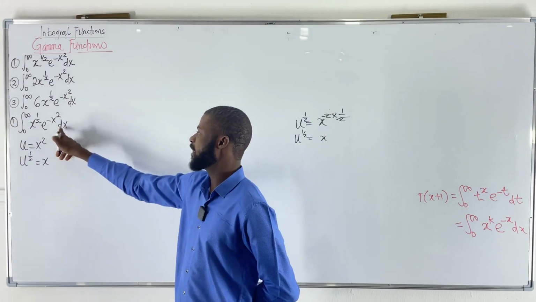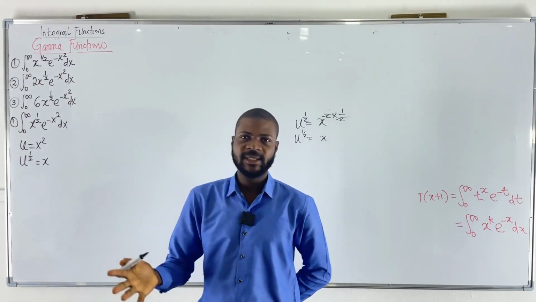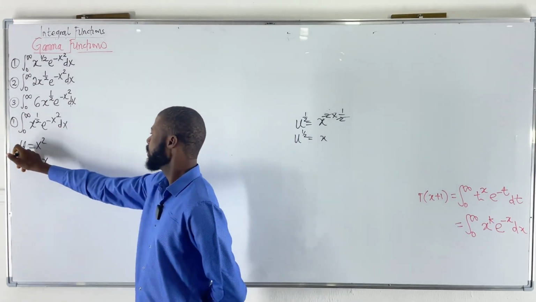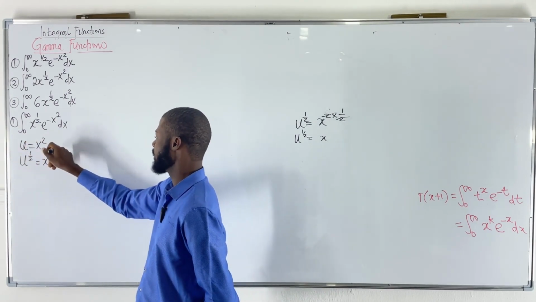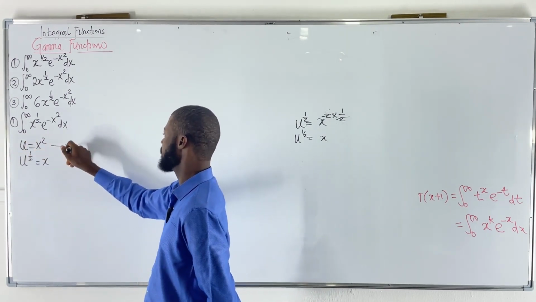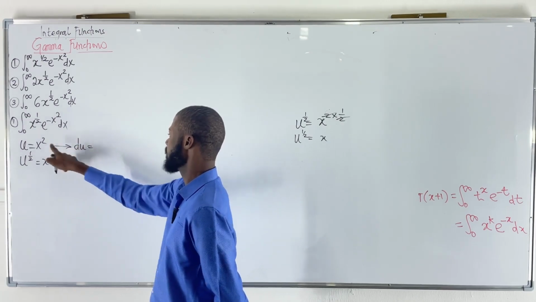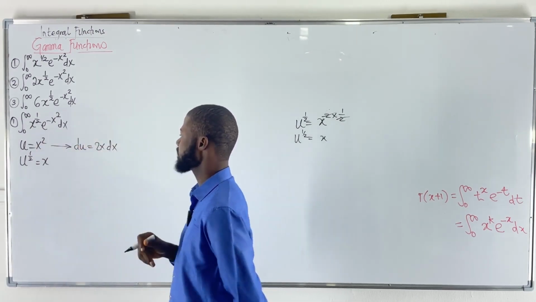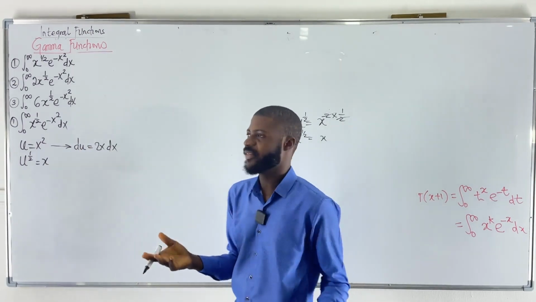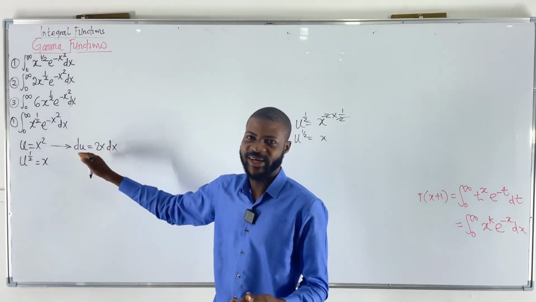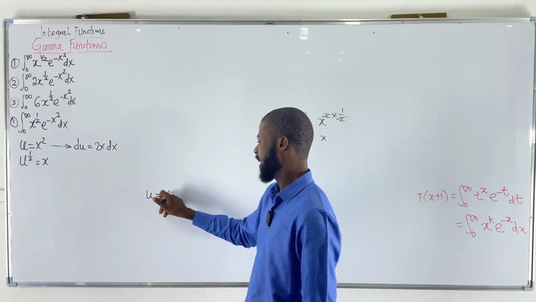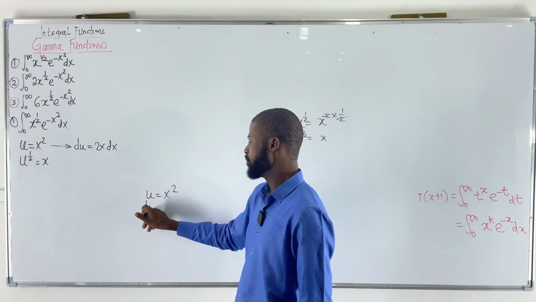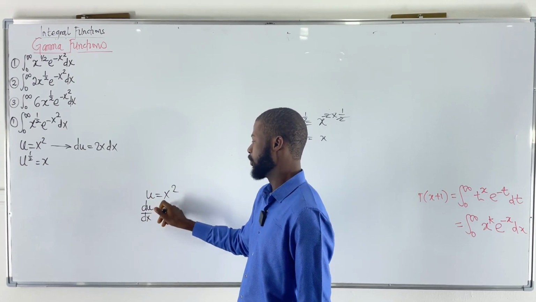Now, how do I find my dx? Of course I can. If u is equal to x squared, this tells me that du, when I differentiate, x squared will give me 2x, and then I'm going to put my dx. Remember that I've earlier showed you why this is correct. If u is equal to x squared, du dx will be equal to 2x.